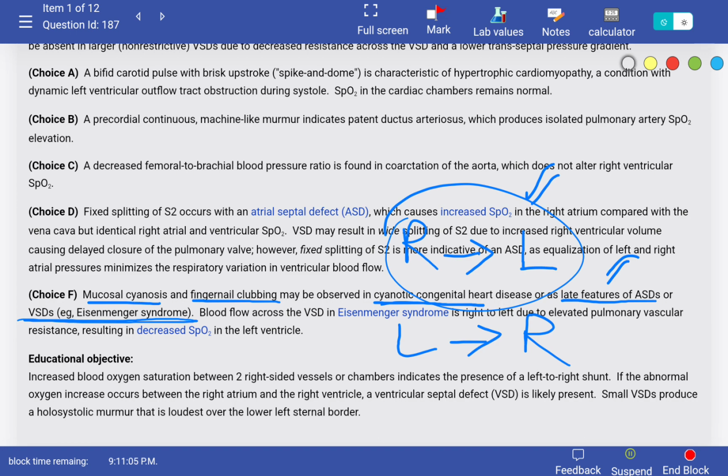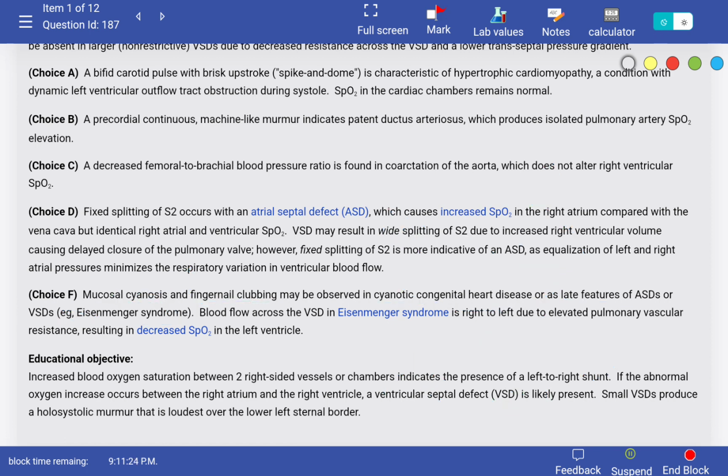But if they are in the chronic situation, that would form Eisenmenger syndrome, right? That would be converted to Eisenmenger syndrome, and then the shunting would be reversed, that is right to left, right? So that would cause what? Cyanosis, right? Okay.